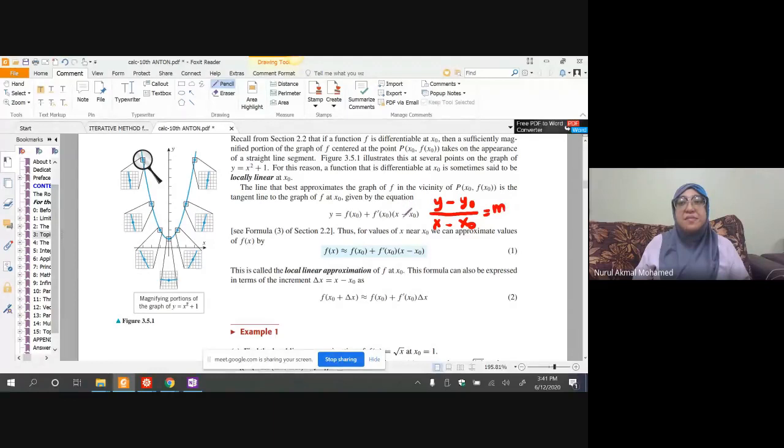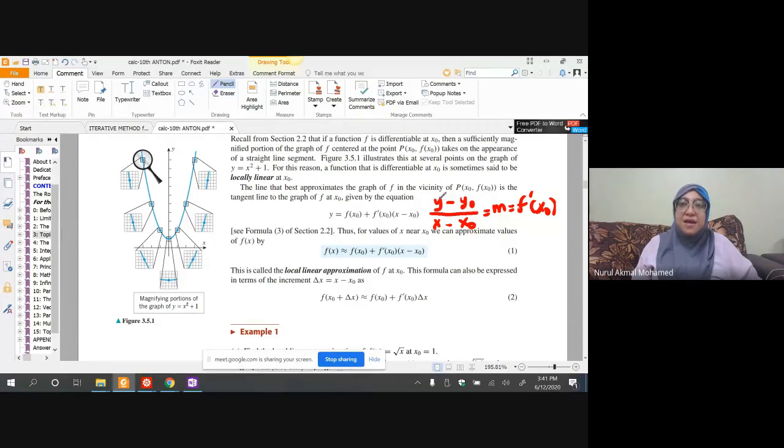And since m is equal to f prime of x naught, then you can also write it as y equal to f of x naught plus..., where y naught is f of x naught.